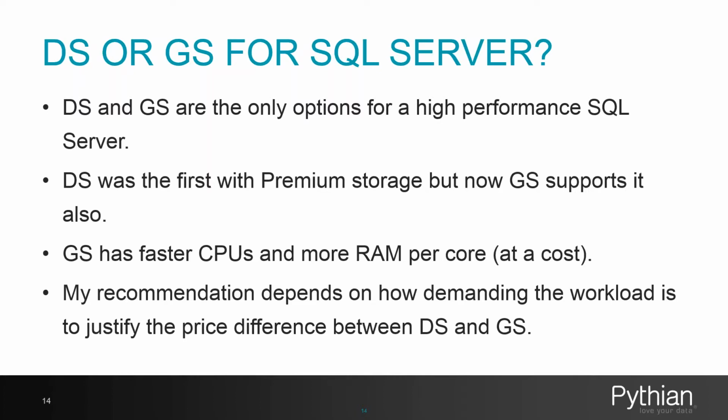Go straight to DS or GS if you're building a high-performance SQL Server. Check the specs and see if you can create it on DS. If you can't, then you'll have to move up to GS. GS, like I said, is just faster, has more memory, and has higher bandwidth limits as well, as we're going to see later on the slides.